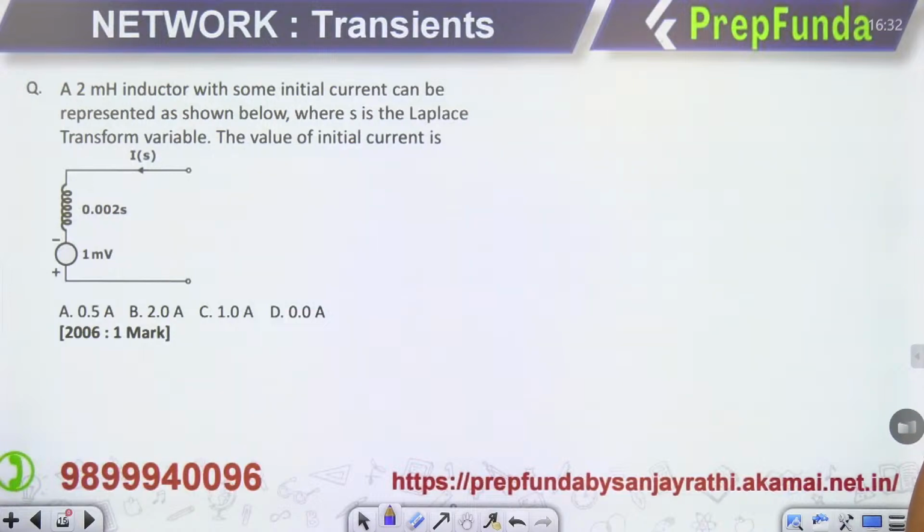A 2 millihenry inductor with some initial current can be represented as shown below, where S is the Laplace transform variable. The value of the initial current is?